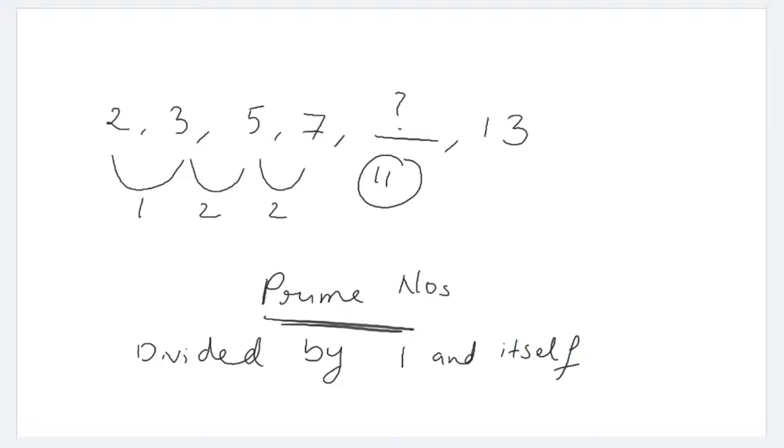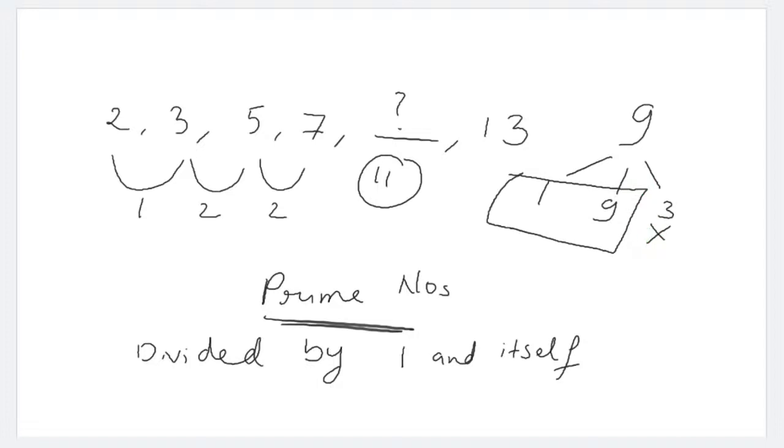Now why can we not take 9? Because 9 will have the factor of 1 also, 9 also and 3 also. So a prime number is a number in which only 1 and itself are allowed to divide that number. No third number is allowed to divide that particular number.